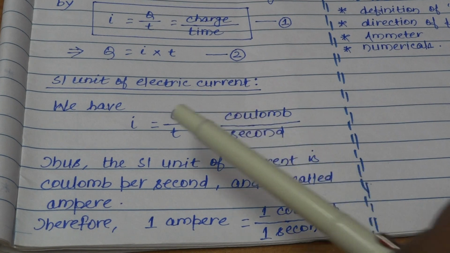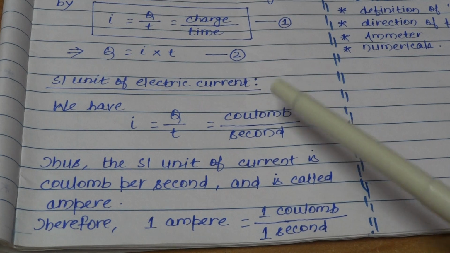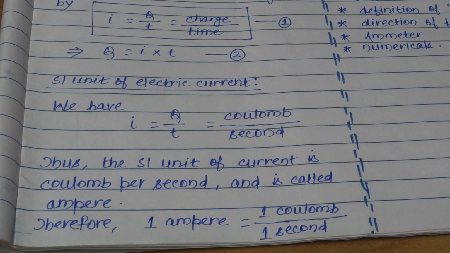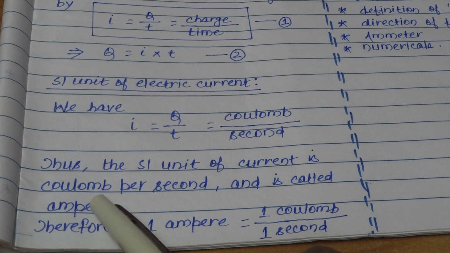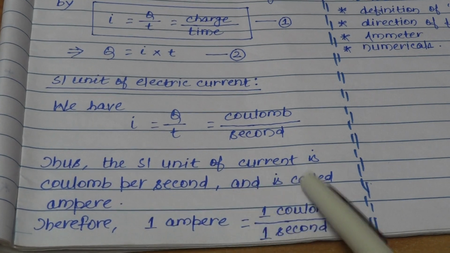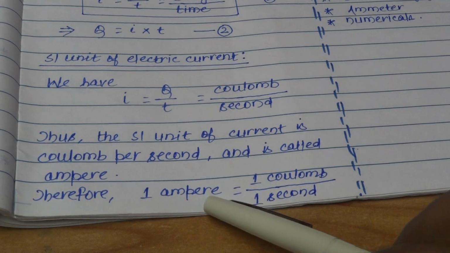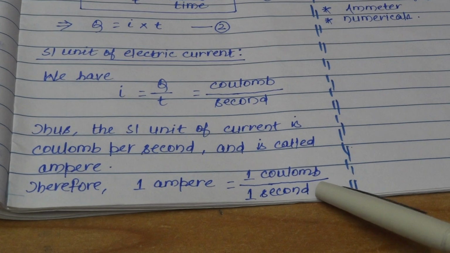So, the SI unit of electric current becomes Coulomb per second. And this Coulomb per second is called ampere. So, the SI unit of current is Coulomb per second and is called ampere. So, we can write 1 ampere equal to 1 Coulomb upon 1 second.